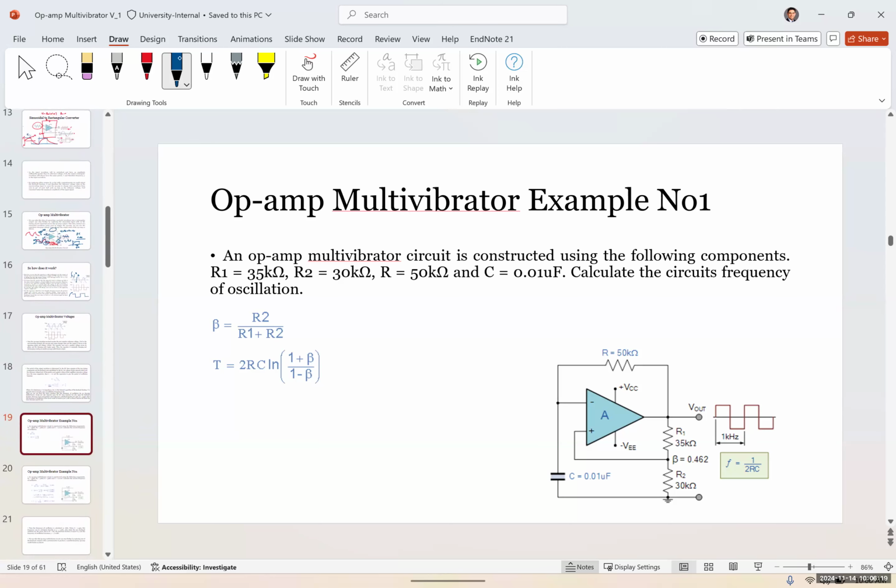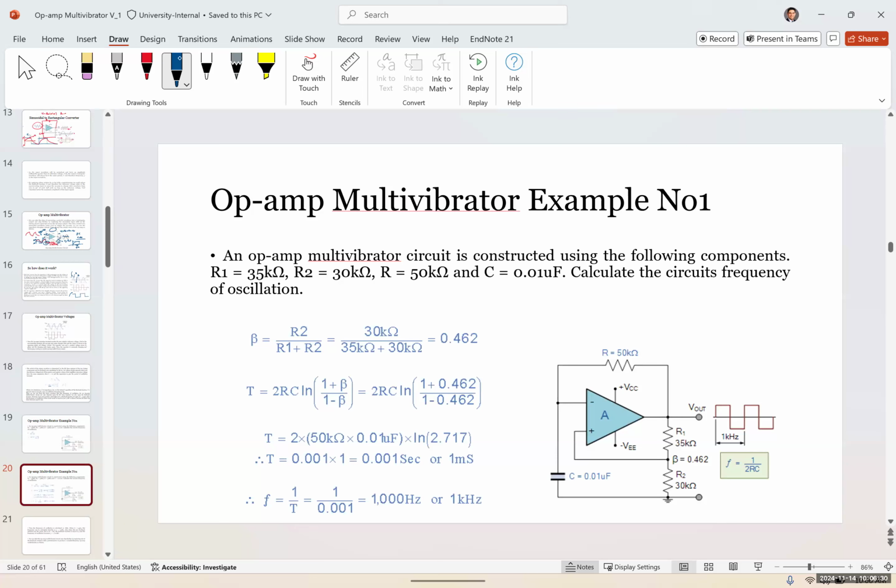So beta would be 30 over 35 plus 30, which gives us 0.462. T would be 2RC ln of (1 plus beta) over (1 minus beta). So T would be equal to 0.001 second, or 1 millisecond.